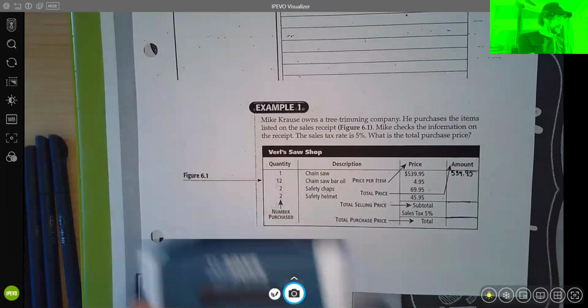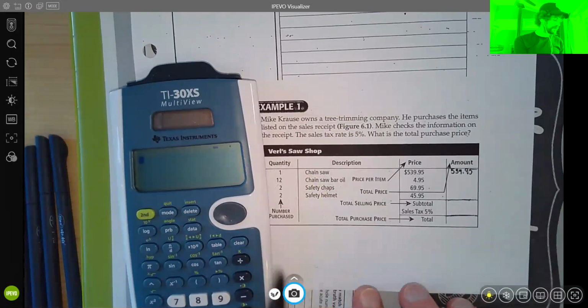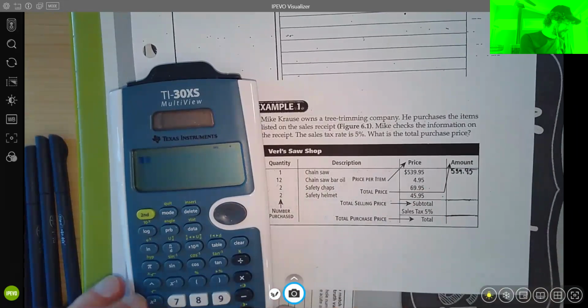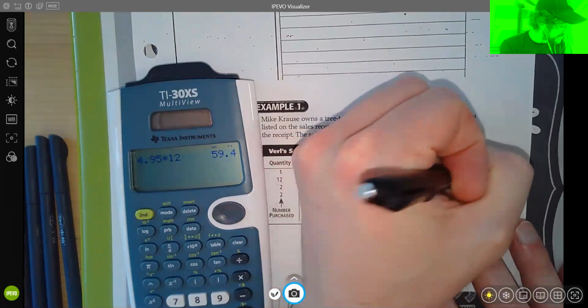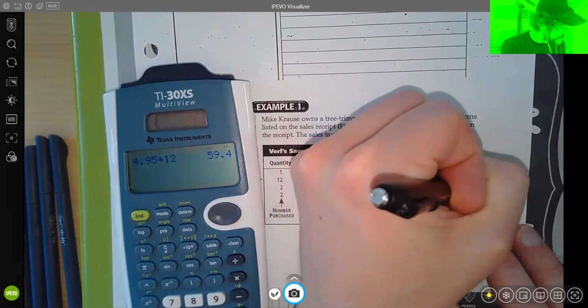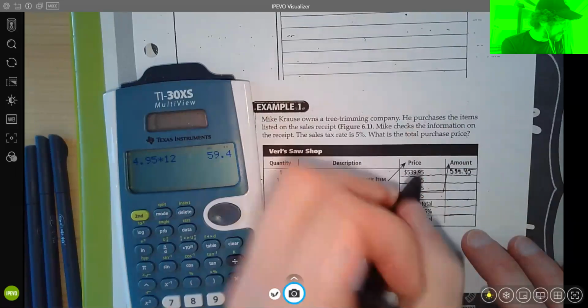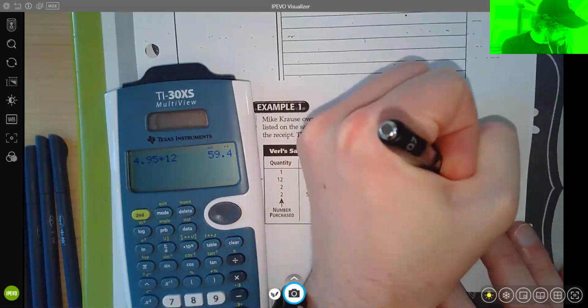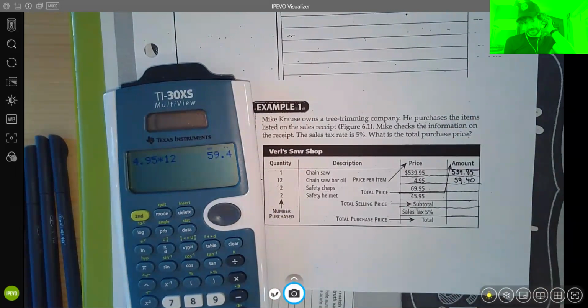So make sure that that chainsaw doesn't end up rusting and coming to a screeching halt. So 12 of those at $4.95 each. So $4.95 times 12, $59.40. I'm just going to put a line underneath each of these as well, just so I can make sure that everything is acting as it should. So $59.40 for the chainsaw bar oil.